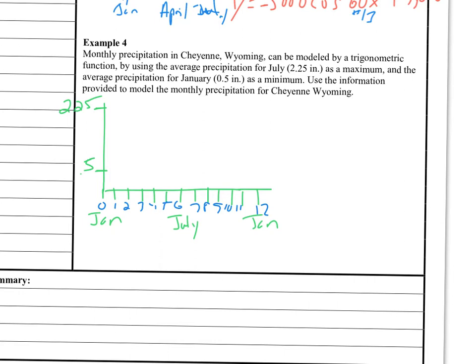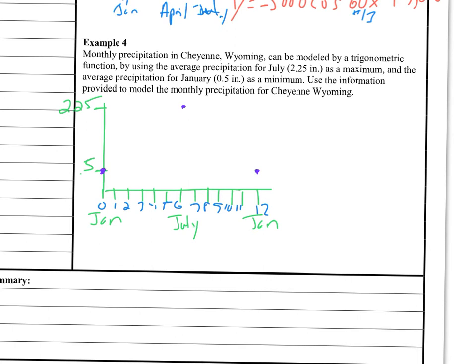All right, so where are we starting? Let's say the max or the min. Well, I guess we want to model a year, so we're starting with January. So we're going to start right here at our low, and it says its maximum is in July, so that's right here, halfway, and then at the end, it has to end the following January at that same level.